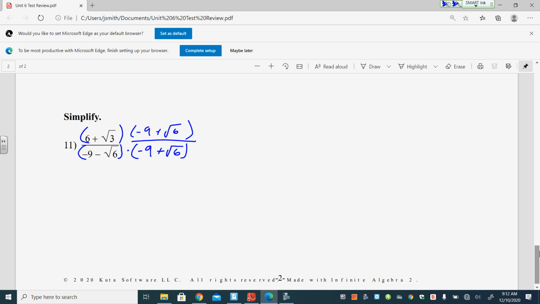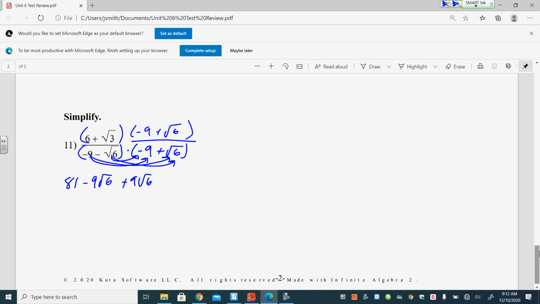All right, so again, here we go. You're just going to work it out. Let's start off at the bottom. Negative 9 times negative 9 is 81. Negative 9 times square root of 6 is negative 9 square root of 6. Negative square root of 6 times negative 9 is positive 9 square root of 6.